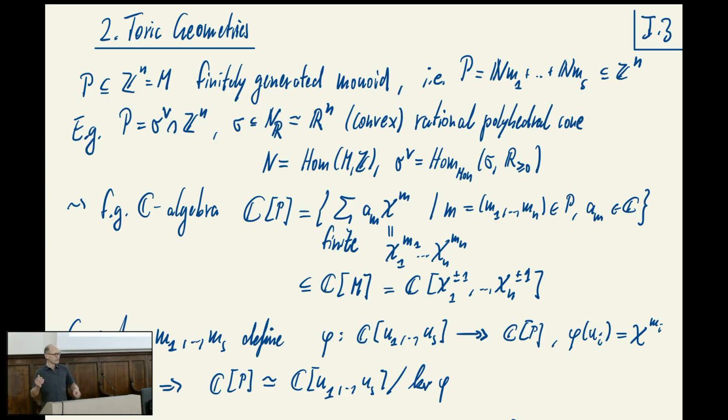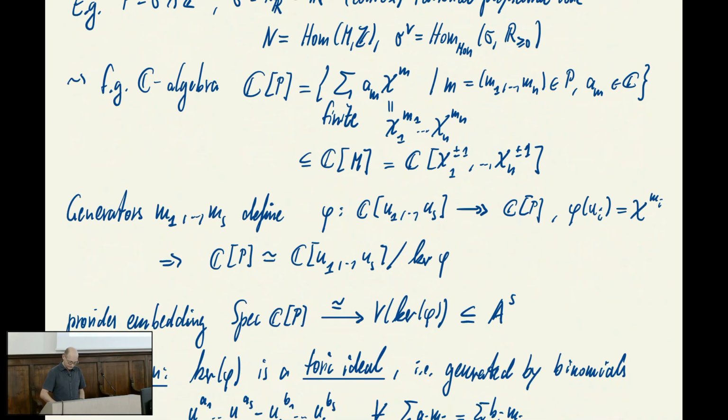So then you get a bunch of exponents that you can play with, and it becomes a subring, a finitely generated C-subalgebra of the Laurent polynomial ring generated by x_1 to x_n to the plus minus 1. That would then, in this new notation, C[P] would be written C[M], where M is a more intrinsic notation for Z^n. It's always important to use M and N to capture the correct functorial behavior. So N is a dual group to M, a dual lattice.